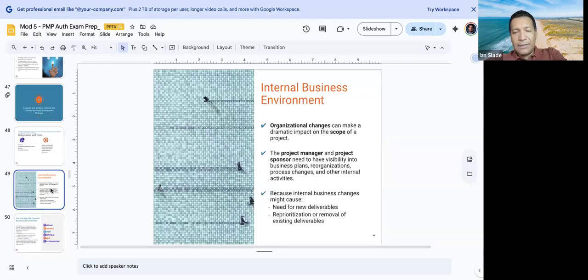So organizational changes, the project manager and project sponsor have to be on the same page in terms of what's going on in the organization. And again, the alignment between the benefits of what we're doing with what the organization is trying to do for that fiscal year.